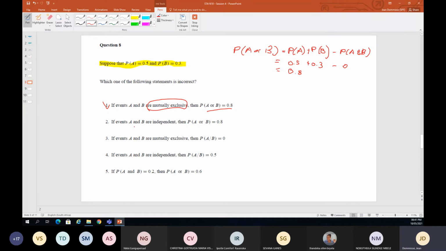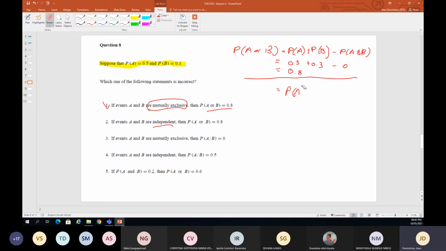So if event A and B are independent, so what do we know about independent? The probability of A and B is equal to the probability of A times B. So when we do it for independence, it is basically the same formula.